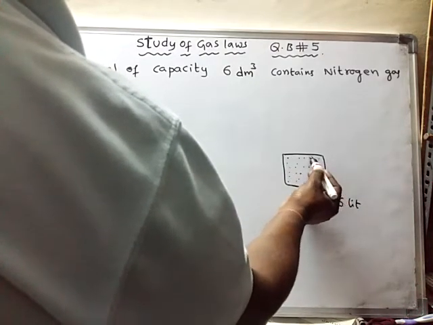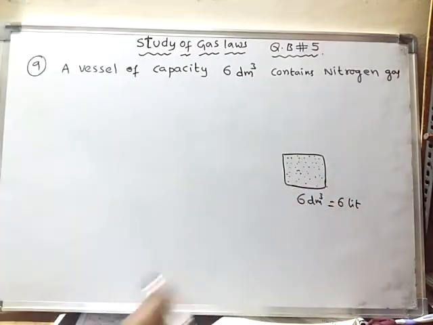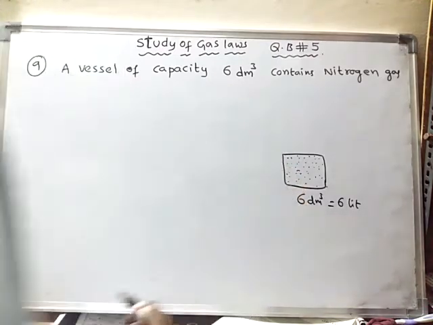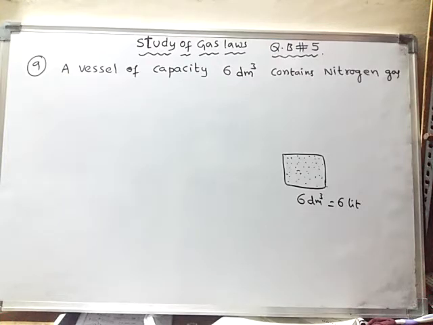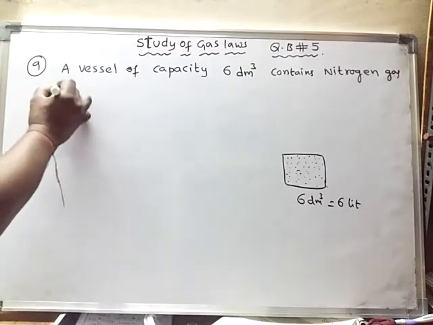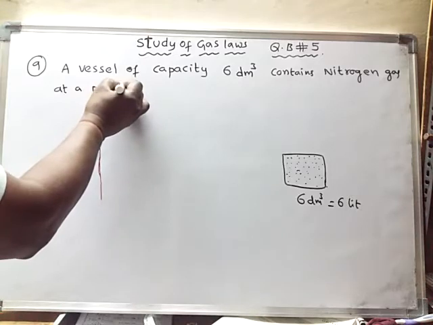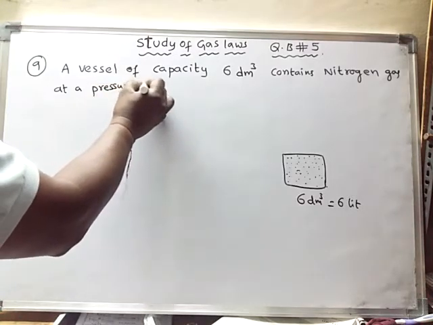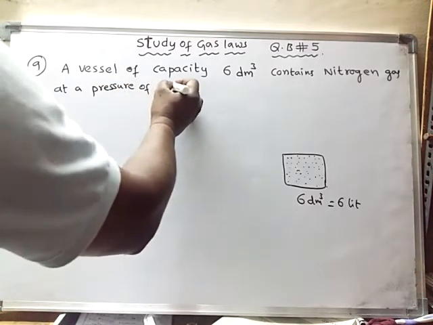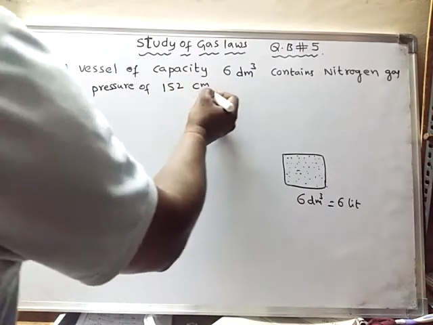So now I have nitrogen of 6 liters, filled in a 6 liter vessel. And here is nitrogen gas at a pressure of 152 centimeters of mercury.